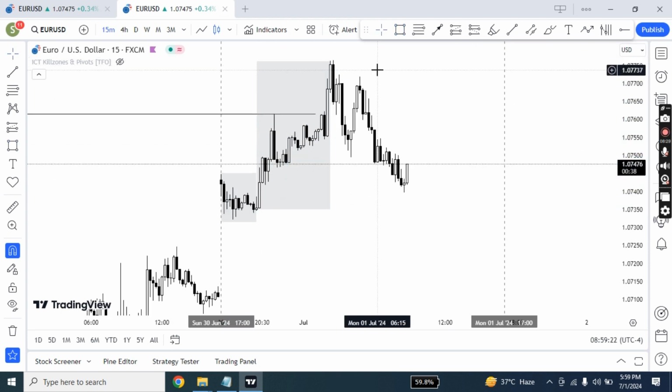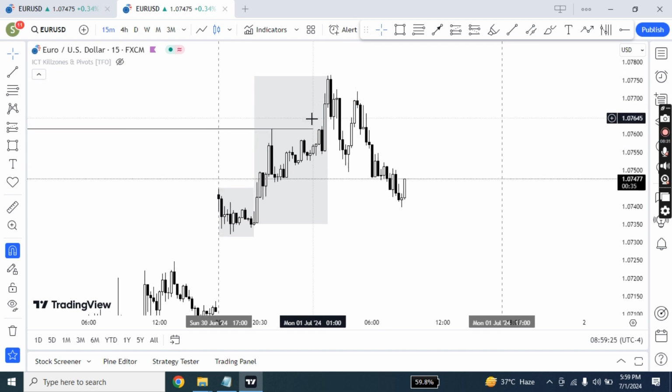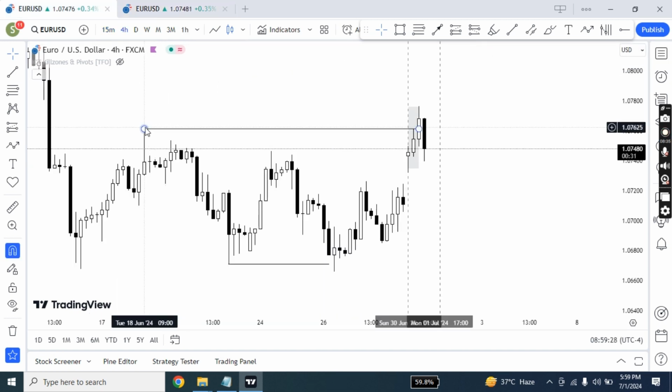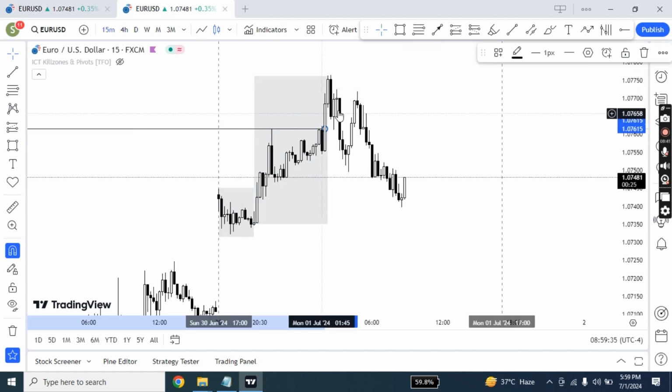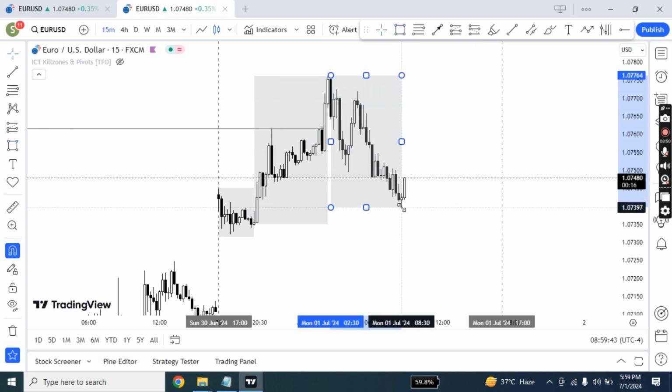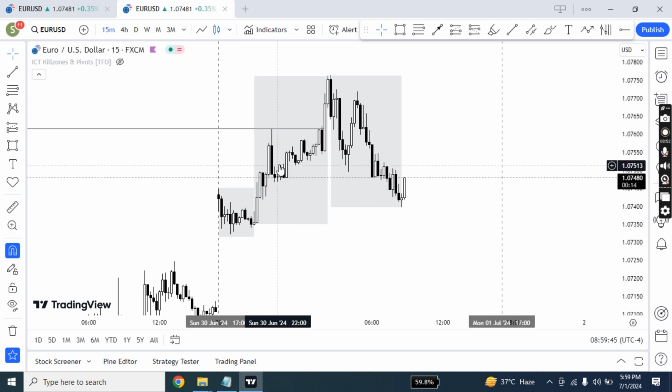Now the unique thing about this expansion again is that with this expansion what we did is we took out another key level, which is in the form of this 4-hour swing high or range high, and this expansion tested a key level. So after that what can we expect? We can expect a reversal, right? So you can see here that we are using proper logic here.